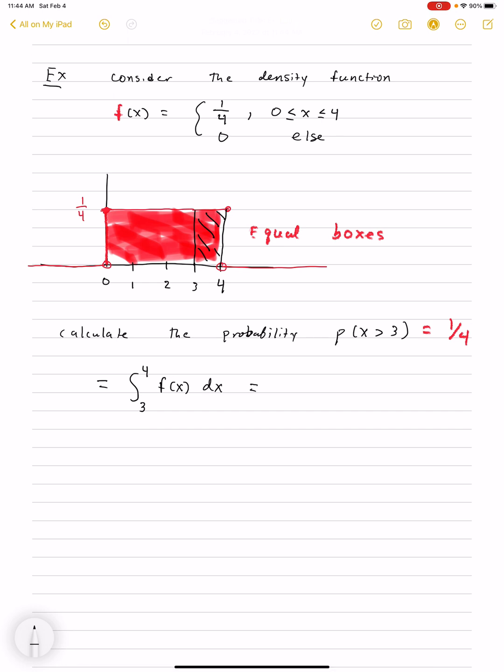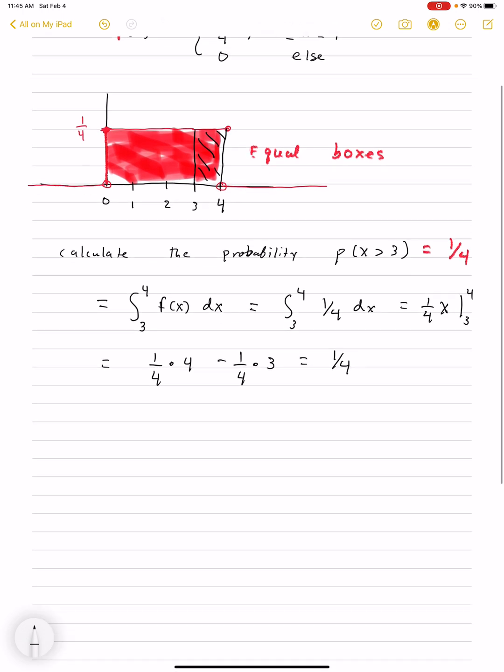And that is equal to the integral from 3 to 4 of f of x, which is just 1/4 dx. So this will be 1/4 x from 3 to 4, which is 1/4 times 4 minus 1/4 times 3, which is 1/4.